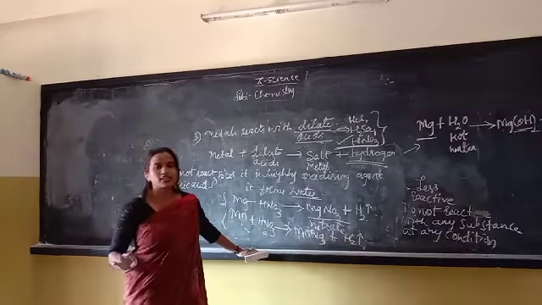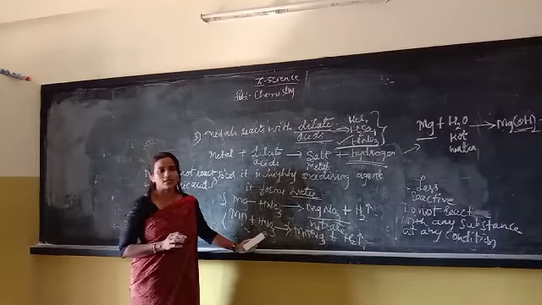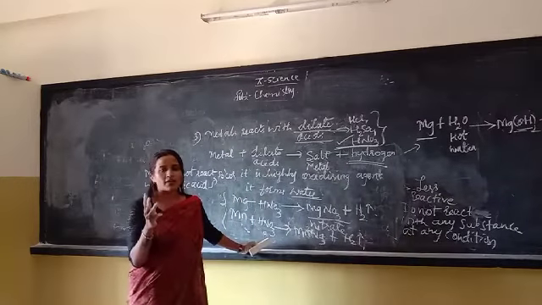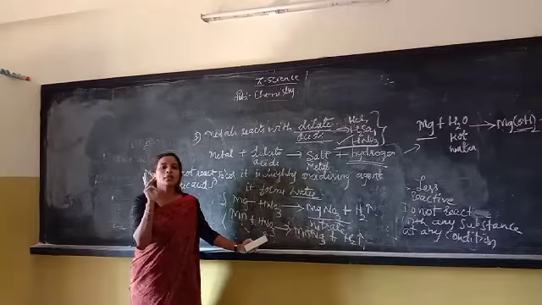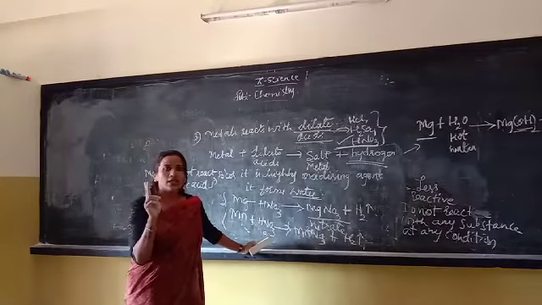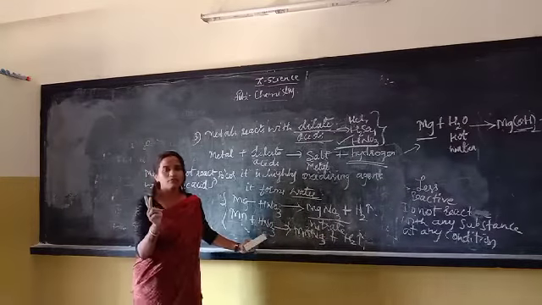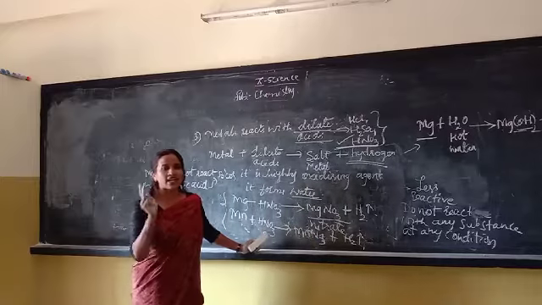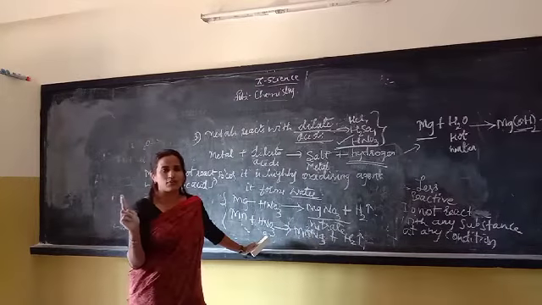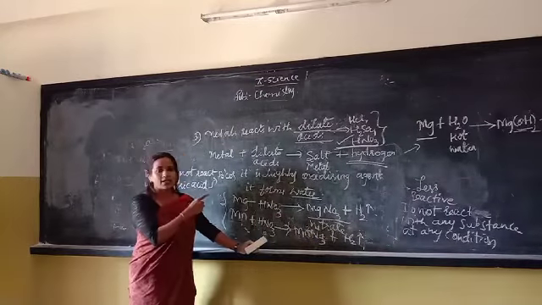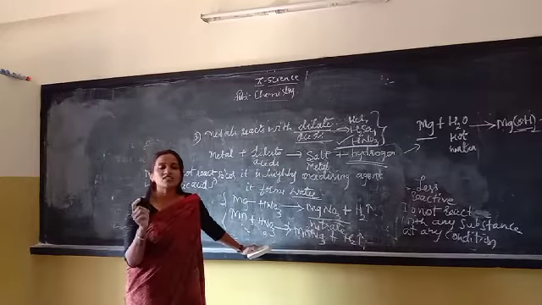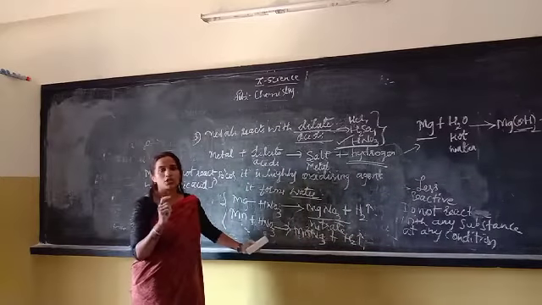So this completes the chemical properties of metals. Three important chemical properties. One is what happens when a metal reacts with oxygen. It forms its basic oxide, and amphoteric oxides are also there. Examples I had already given. The second chemical property is what happens when a metal reacts with water.